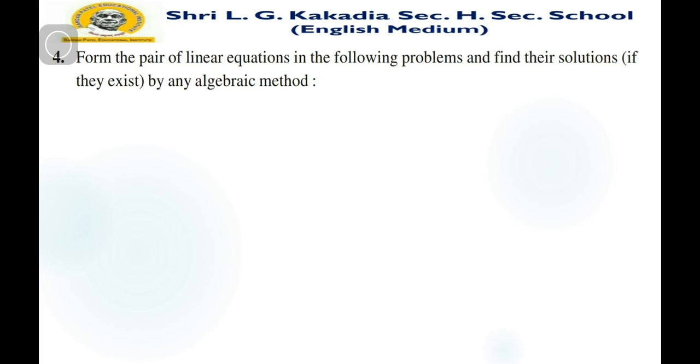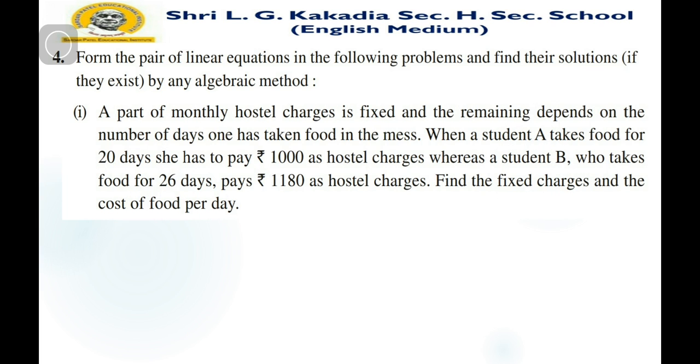Now the problem given: a part of the monthly hostel charges is fixed and the remaining depends on the number of days one has taken food in the mess. So there is one hostel.